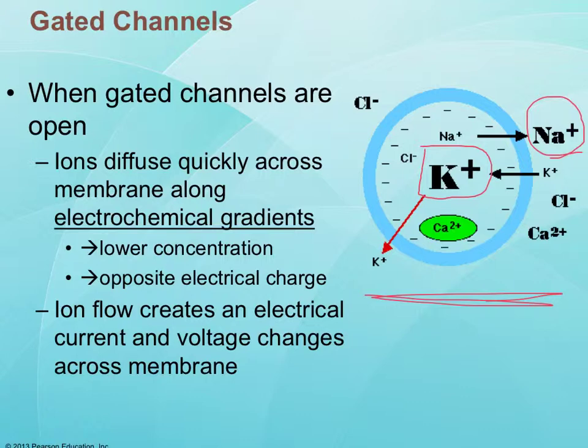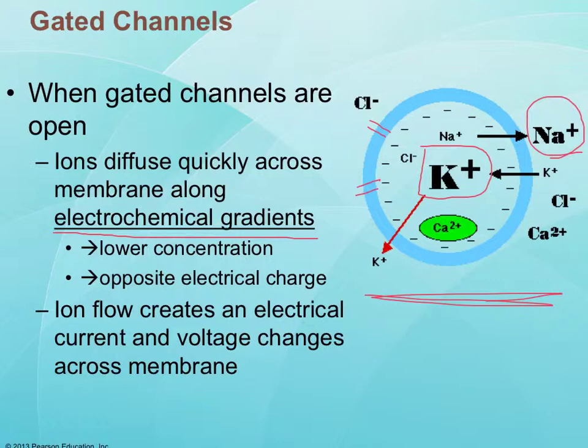On that condition, the leakage channels keep open, but gated channels are normally closed. The gated channels open if some ligand comes in, a neurotransmitter binds those receptors, or because of a change of the membrane potential, making small holes in the cell, so those ions will just cross the membrane along the electrochemical gradient.